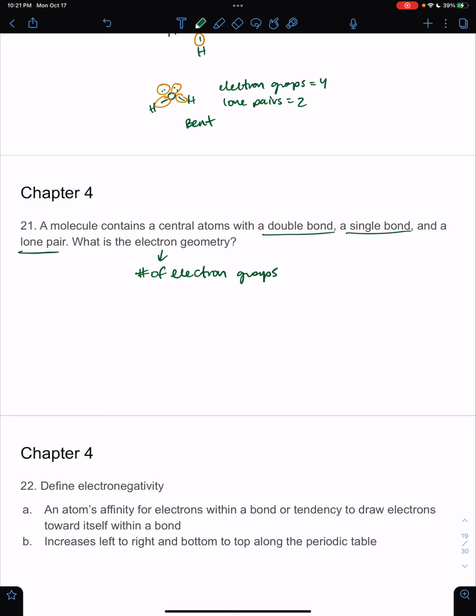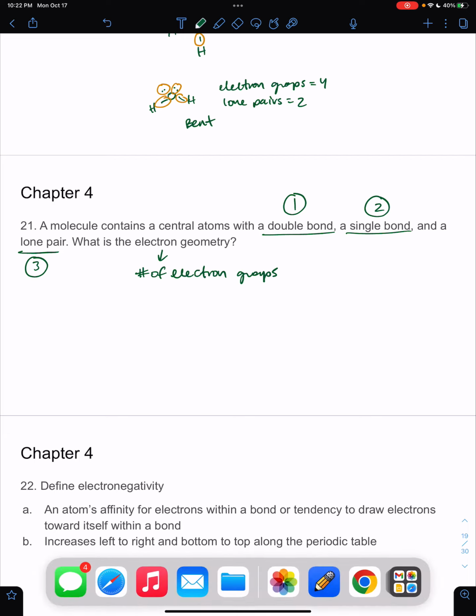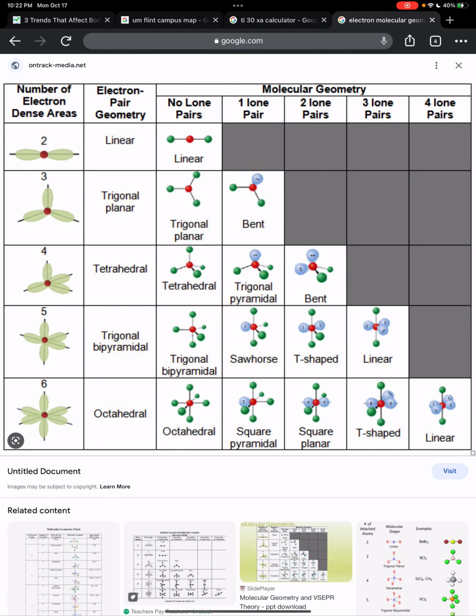So these are all electron groups. A double bond is 1 electron group. A single bond is another electron group. And a lone pair is a 3rd electron group. So going back to the chart, we're only looking at that second column right now. We're not worried about molecular geometry yet.